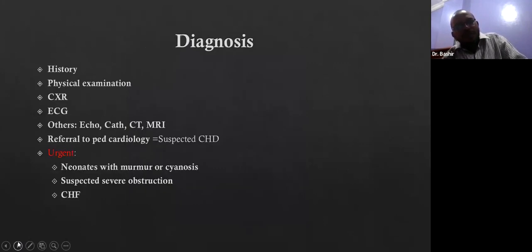Regarding the diagnosis of acyanotic congenital heart disease, first you have to take a good history. Ask: is he preterm? If preterm, most likely PDA. Dysmorphic or not dysmorphic, because each syndrome has associated lesions. Ask about feeding, interrupted or difficult feeding associated with sweating, and failure to thrive.